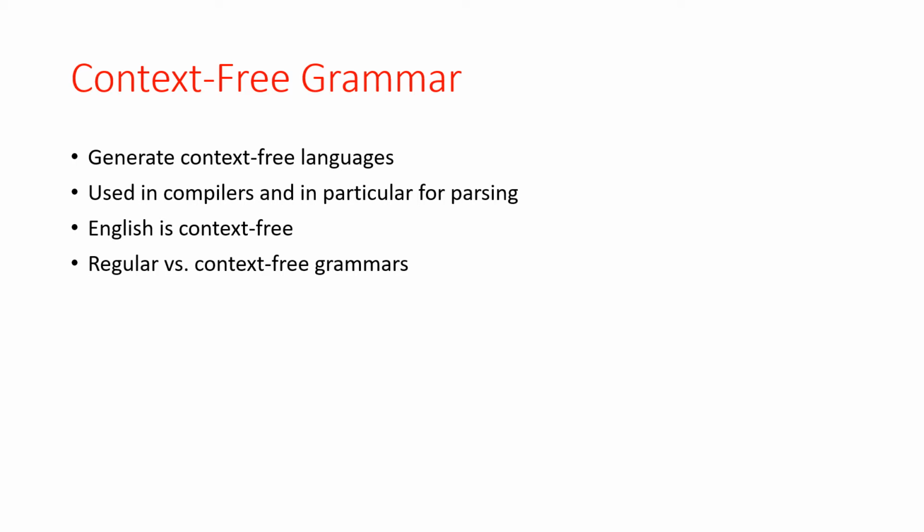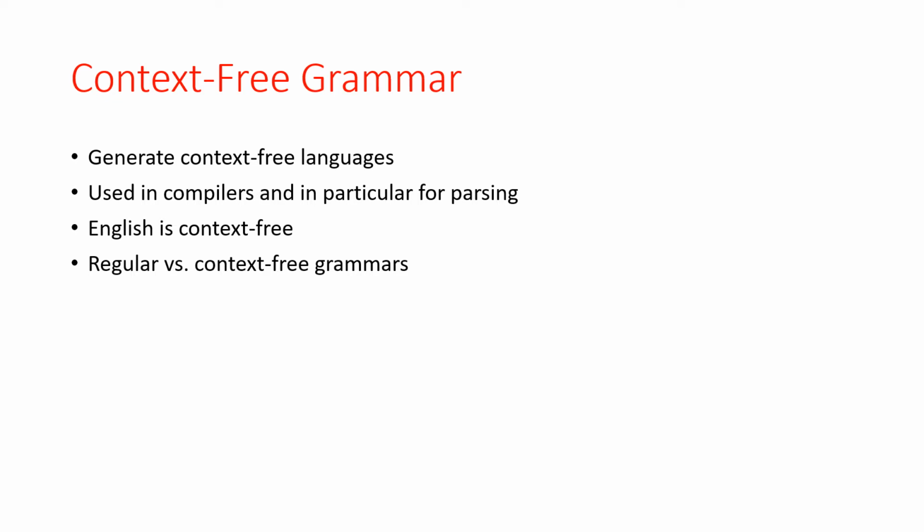Context-free grammars are used in compilers, and in particular for parsing, taking a string-based program and figuring out what it means. Typically, context-free grammars are used to define the high-level structure of a programming language. Figuring out how a particular string was derived tells us about its structure and meaning.